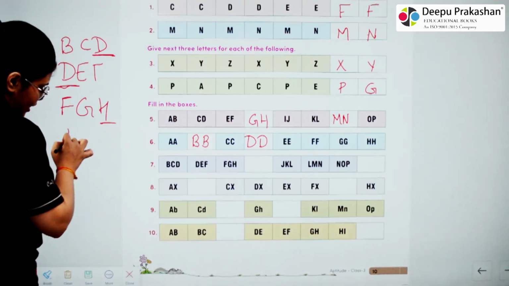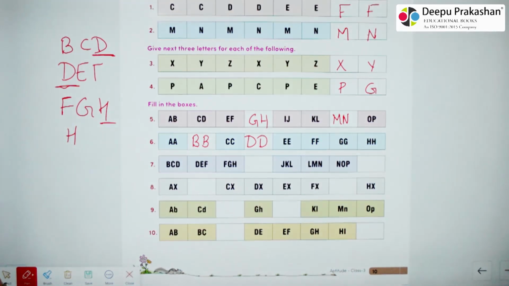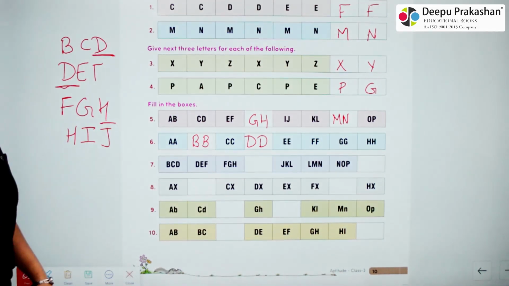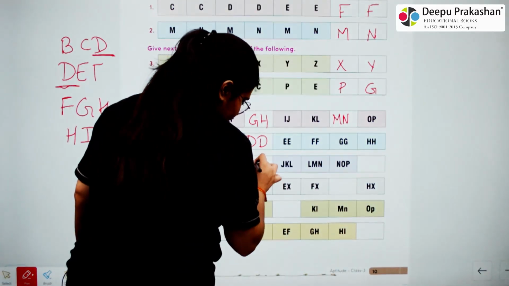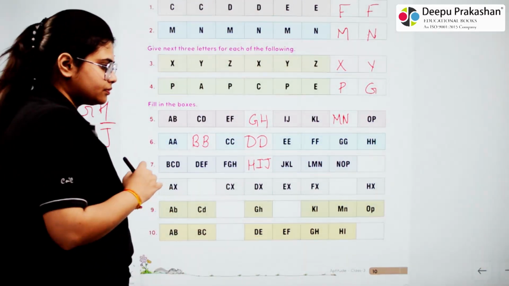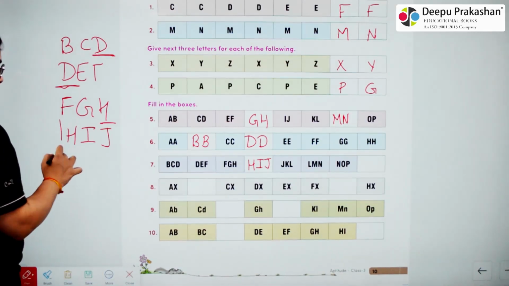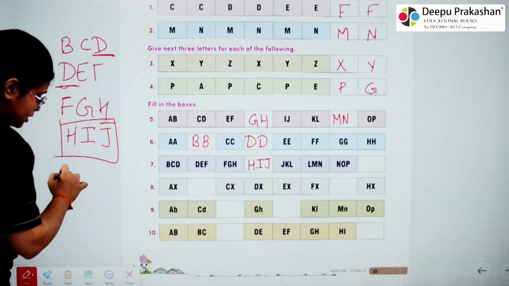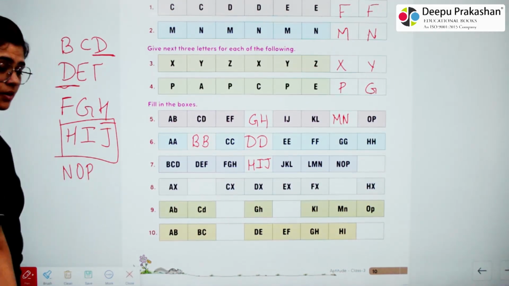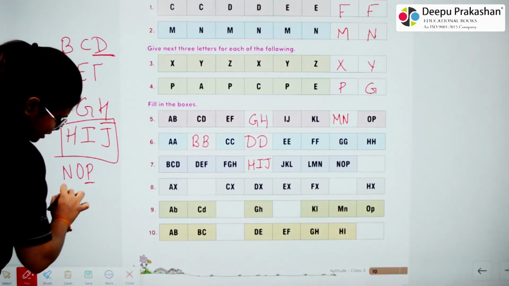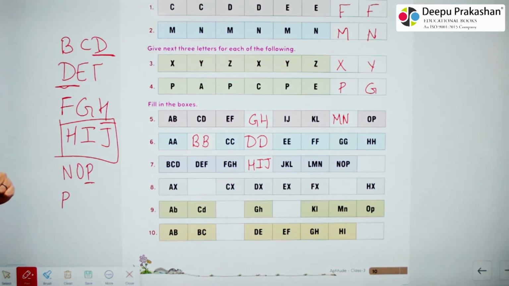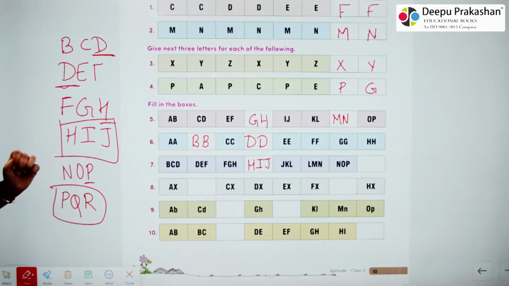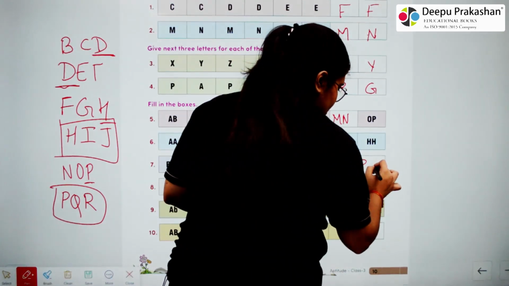So if we write H as the first letter of the next pair and continue it in the alphabetic series, we will get I, J. So the answer for the first blank is H, I, J. Moving on, for the last one, if we see the previous pattern that is given to us, that is N, O, P. So if we write P as the first letter of the last pair and continue it with the alphabetic series, we will get PQR. So PQR will be our answer.